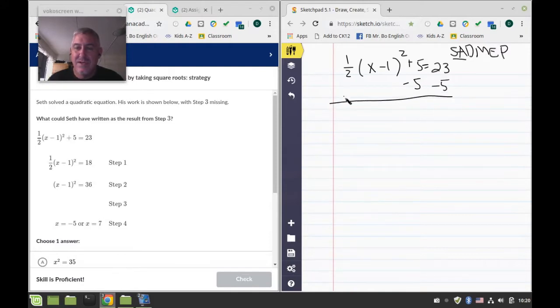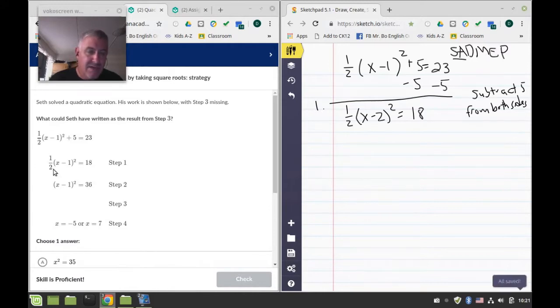So our step 1 is going to be subtract 5 from both sides, and let's see, what do I have left? 1/2 of (x minus 1) squared is equal to 18, and over here 1/2 of (x minus 1) squared equals 18. Yay, we're on the right track.